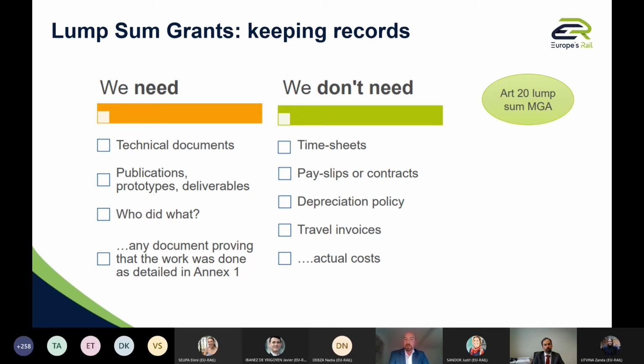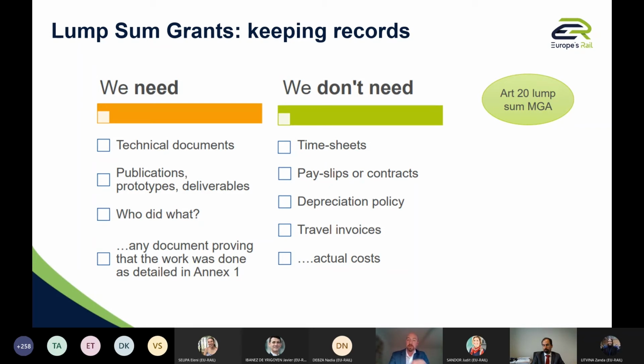We sign the grant agreement with you, and at implementation phase, we don't need to keep records. We don't need actual cost reporting anymore. We need to receive the technical documents of the work. We need to ensure that we have the publications, prototypes, deliverables. We need to know who did what in the technical report. We may need any document proving that the work was done as detailed in Annex 1.